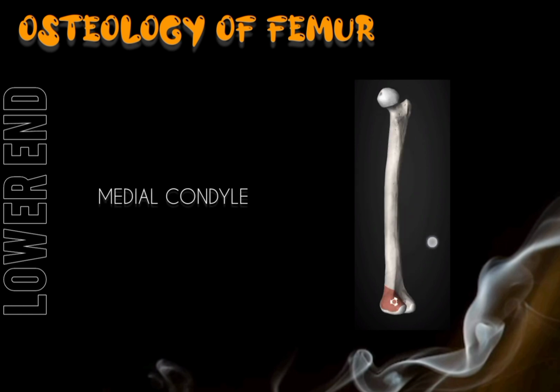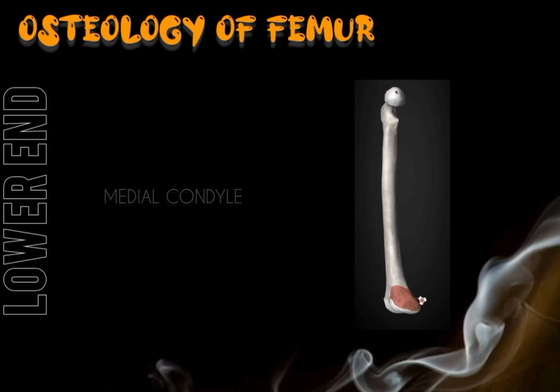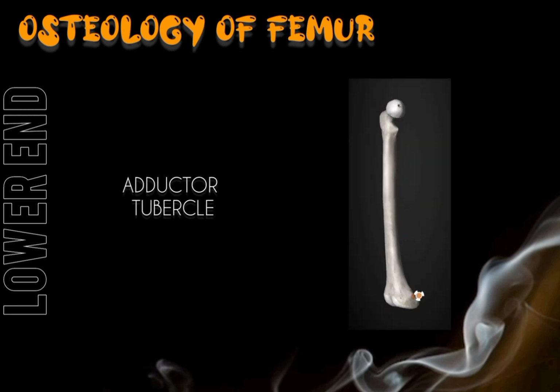Now if we talk about the features of the medial condyle, the medial condyle is convex medially, and on the medial condyle you will find a projection or prominence which is termed the adductor tubercle, which is an important landmark for the insertion of the adductor muscles of the thigh.